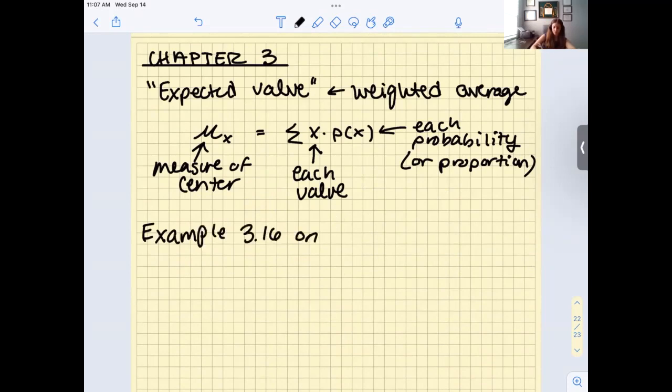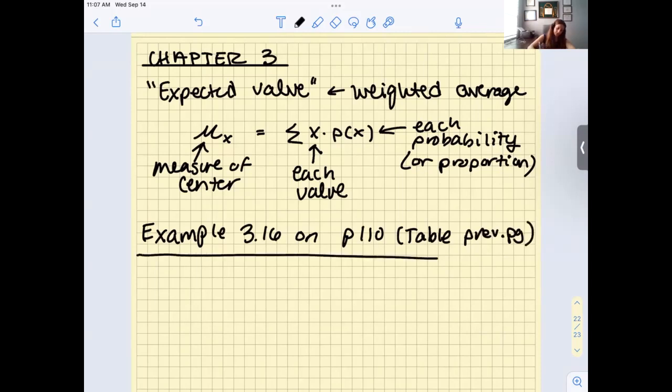.16 on page 110, but just note that the actual table is on the previous page that we're referring to. So turn to page 110 in your book when you get a chance. But remember, like I said, the table they're referring to is on the previous page.